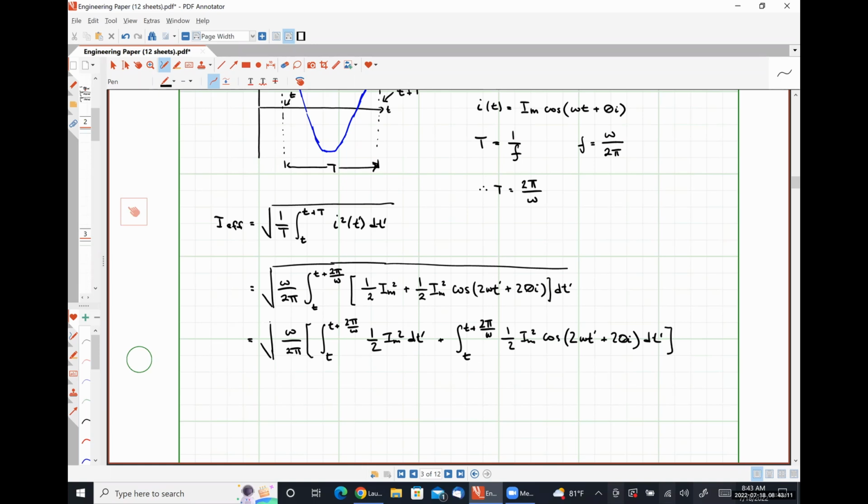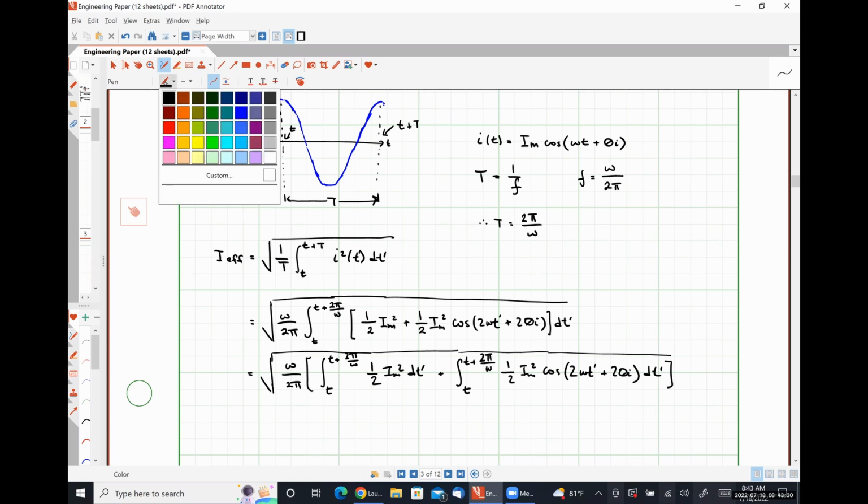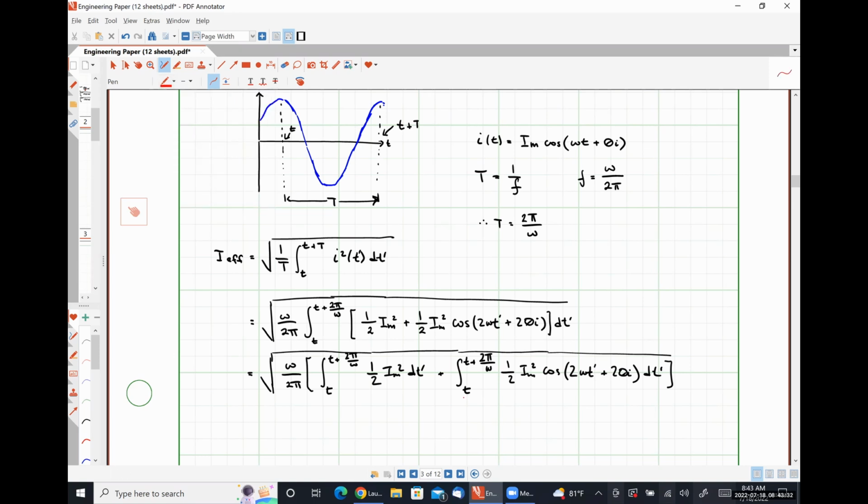All right, and here we go. So let's focus on this integral right here first.